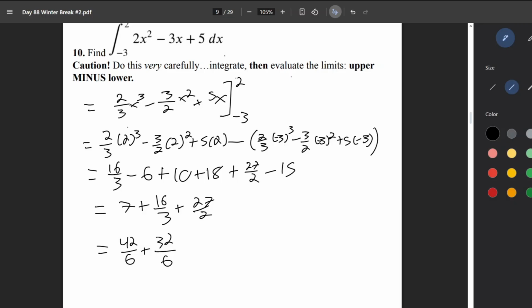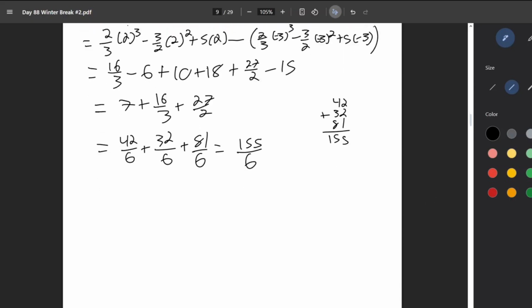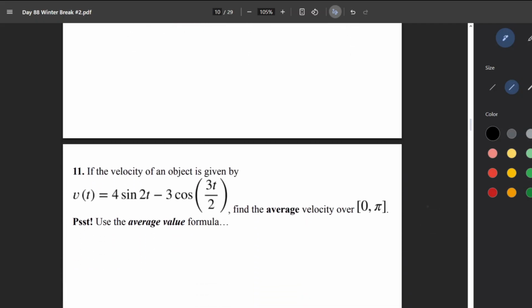And then 27 times 3 is 81. Yep. Plus 81 over 6. So 42 plus 32 plus 81, that gives 155 over 6. I believe that's correct.